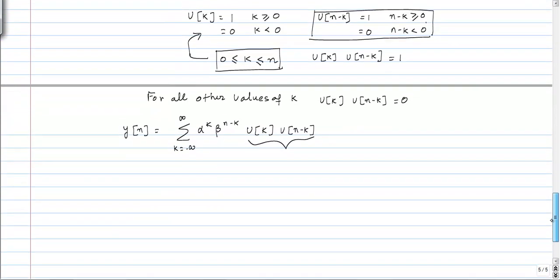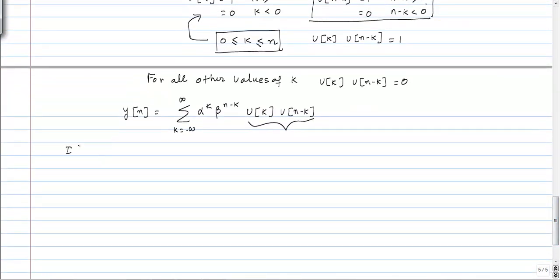So right away, if n is less than 0, there is no value of k for which u of k times u of n minus k is non-zero, because we need k to be between 0 and n. If n is negative, there are no such values of k which satisfy this. So if n is less than 0, y of n is 0.